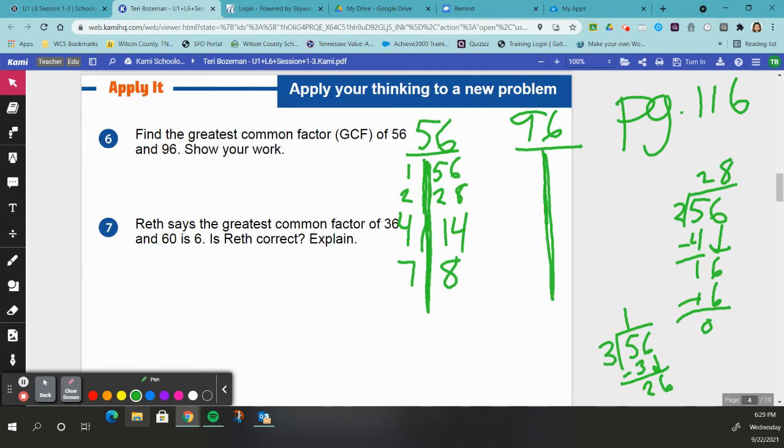And then 2 is also going to be a factor here because 96 is an even number. So if you need to go over to the side to see what that one would be, find out what we multiply 2 by to get to 96. And if you need to pause the video, you can.